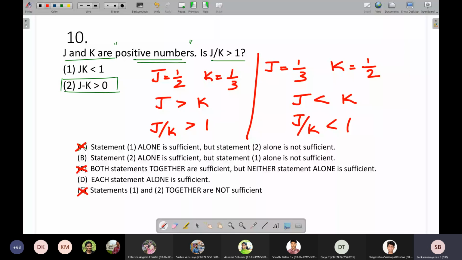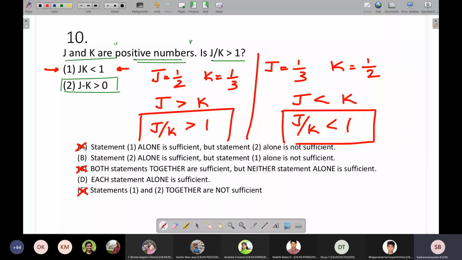So with statement 1 alone, satisfying the condition jk less than 1, in one instance I am getting more than 1, in another instance I am getting less than 1. So 1 alone is not sufficient to answer the question. So I can eliminate option D, each statement alone is sufficient. Thus, for this question, statement 2 alone is sufficient, but 1 alone is not sufficient. Option B will be the final answer for this question.